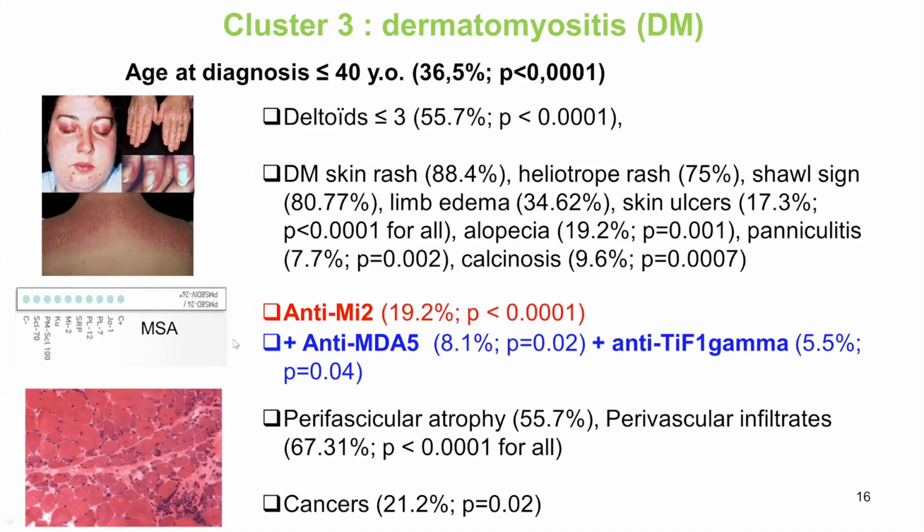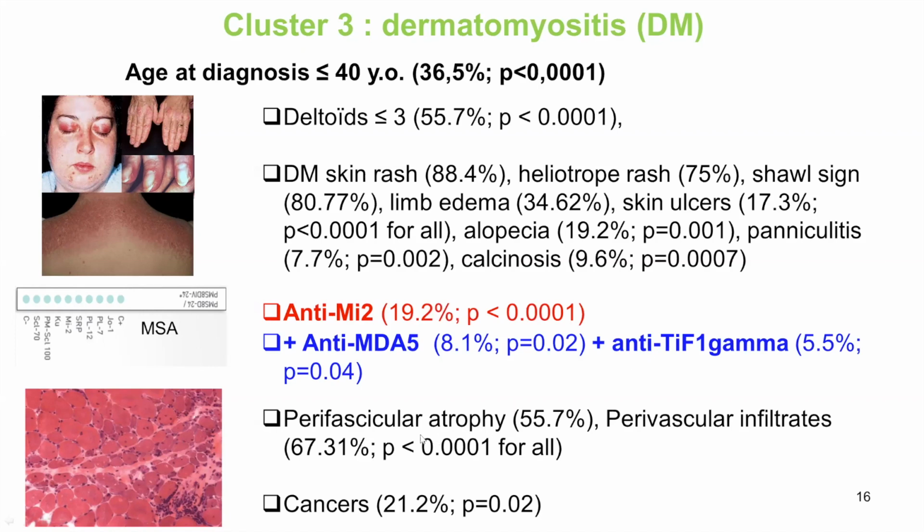And here you can observe the specific autoantibodies, anti-Mi2, MDA5, anti-TIF1 gamma. In our cohort of patients, we don't have many others, for instance, NXP2 autoantibodies.